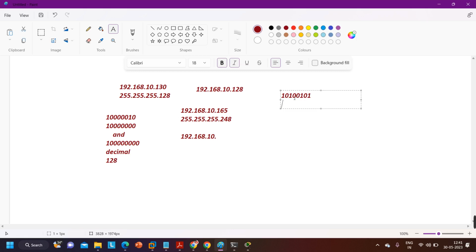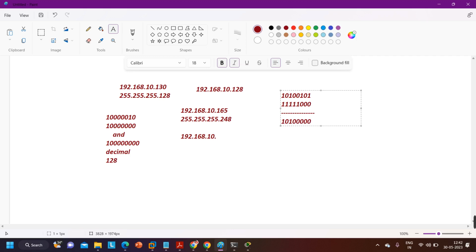After that, binary of 248. Binary of 248 will be what? 1, 1, 1, 1, 1, 0, 0, 0. Now if you perform the AND operation, what value will you get? 1, 0, 1, 0, 0, 0, 0, 0.